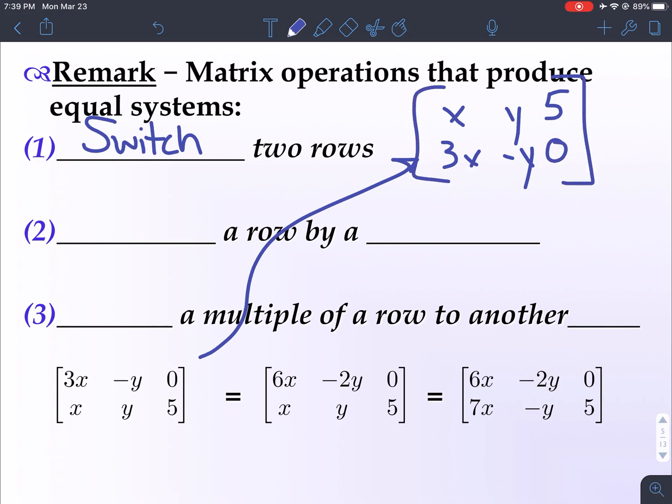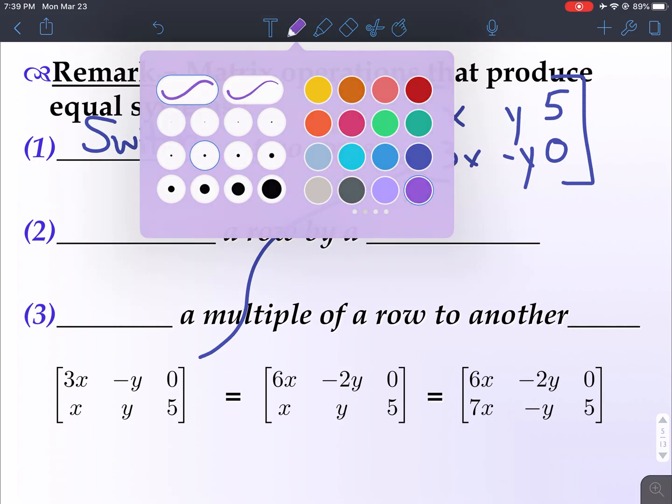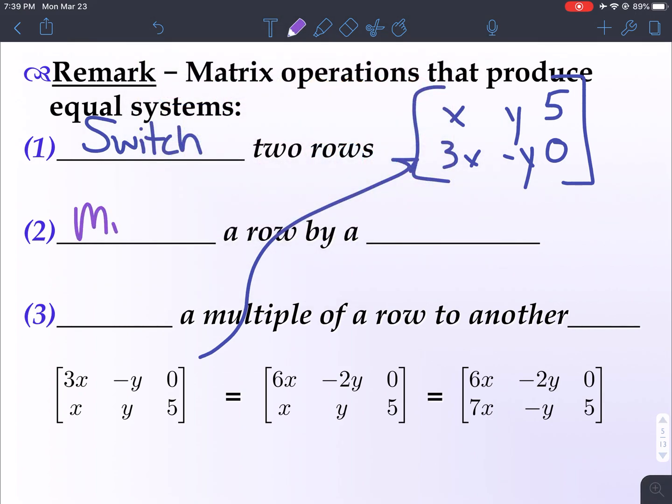That matrix would have the same characteristics as the original. I can also multiply any row by a scalar quantity. And then I can add a multiple of a row to another.